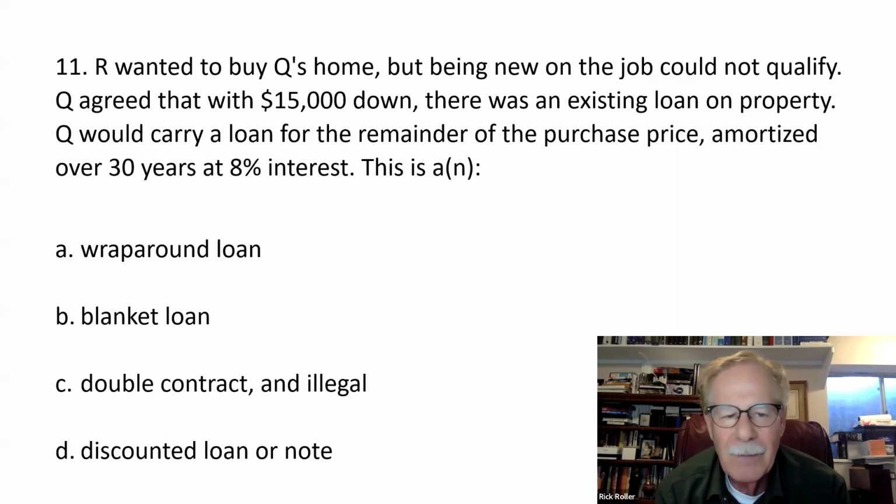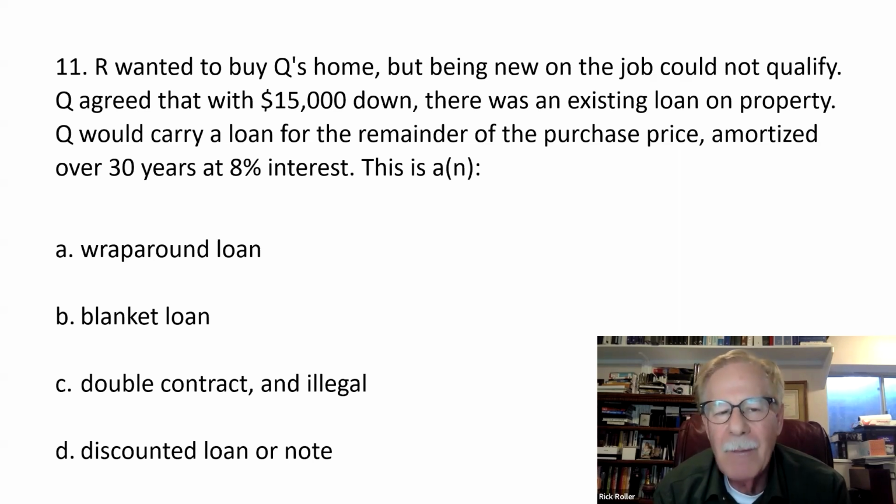Okay, so what is that? Which kind of loan is that? Well, the loan that R is getting from Q, there is just one payment and one loan. In other words, Q wrapped the old loan.